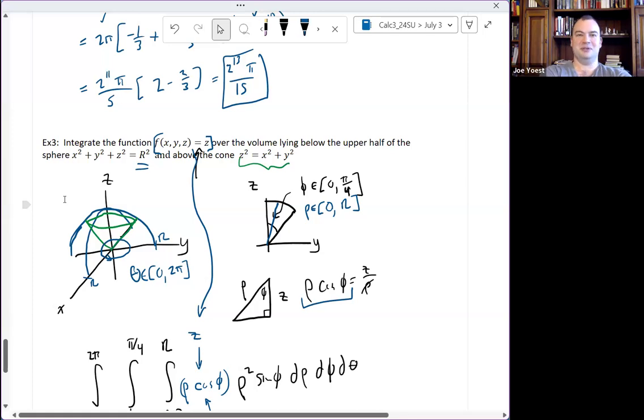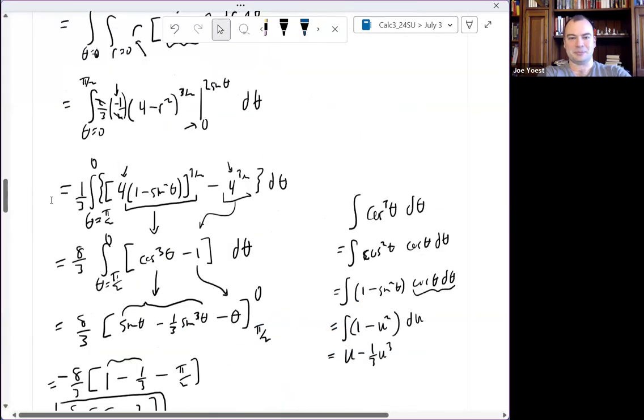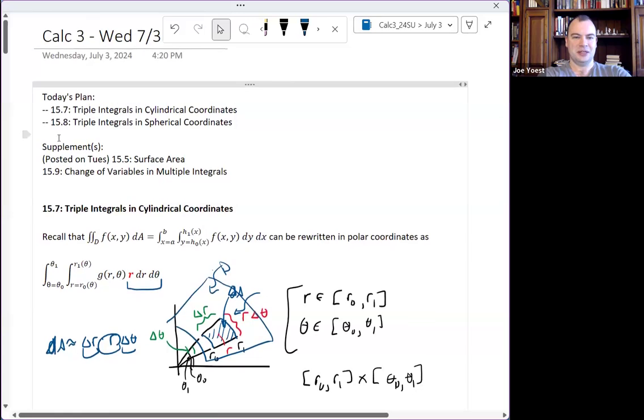And if you're interested in the sphere of radius 2, you just put in big R equals 2. But there's no more importance for why there's a big R here than just that. We're just solving it for some sphere of arbitrary radius. Good question though.